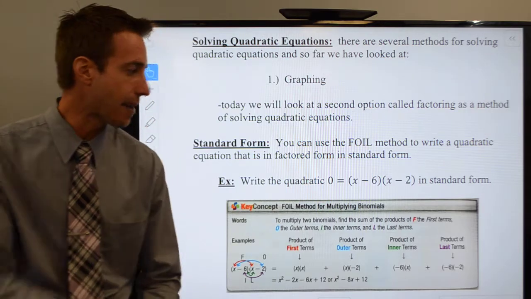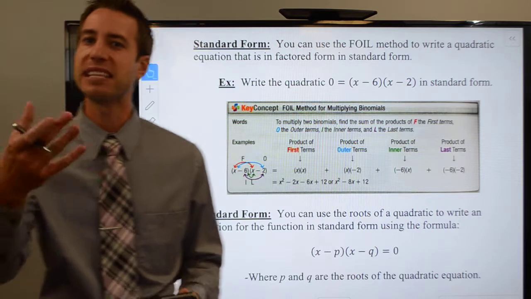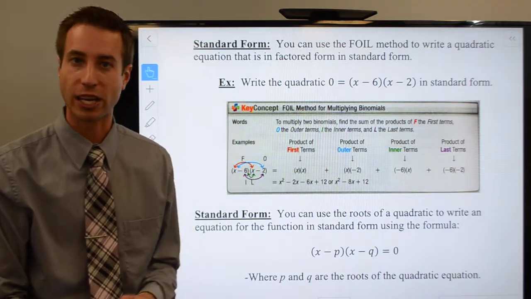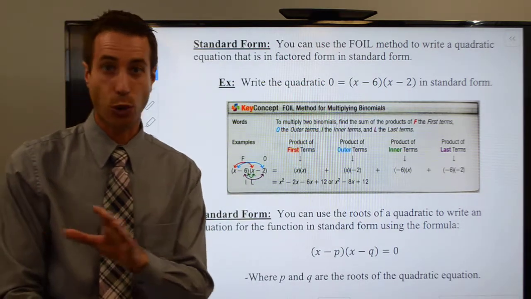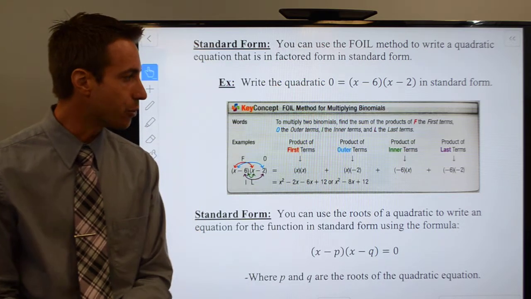Before we get to that, we're actually going to do this first. If you're given the roots of a quadratic, you're going to use FOIL to find the quadratic equation in standard form that would give you those solutions.